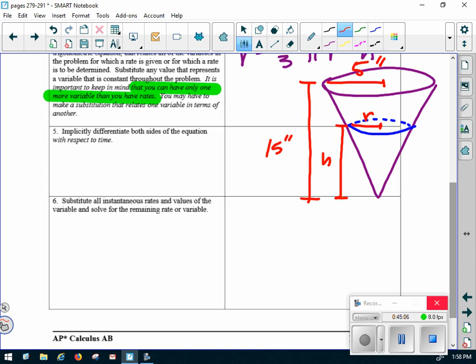So here's what I've got. 5 is to 15 as r is to h. You with me? 5 is to 15 as r is to h.